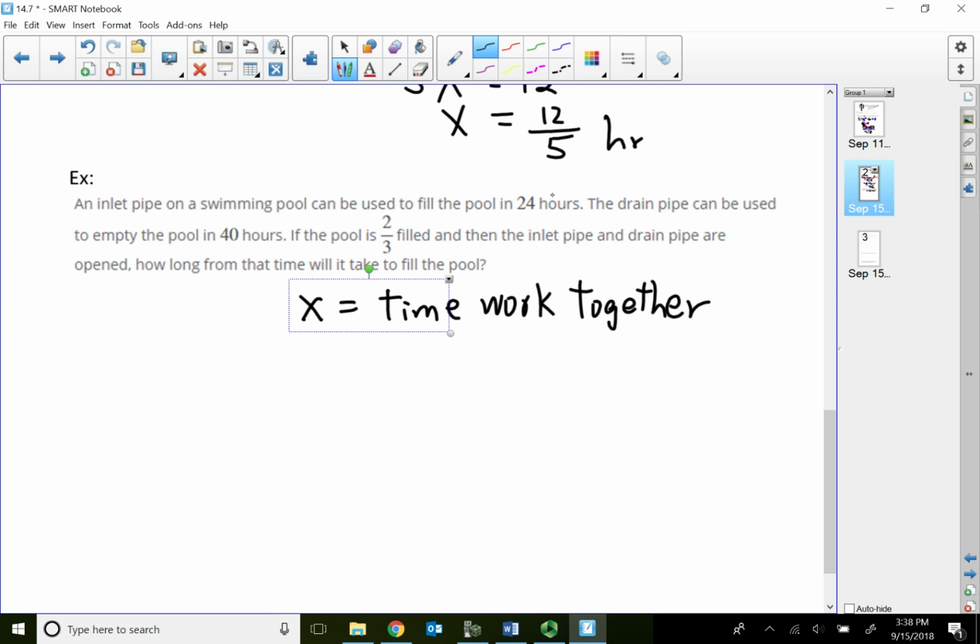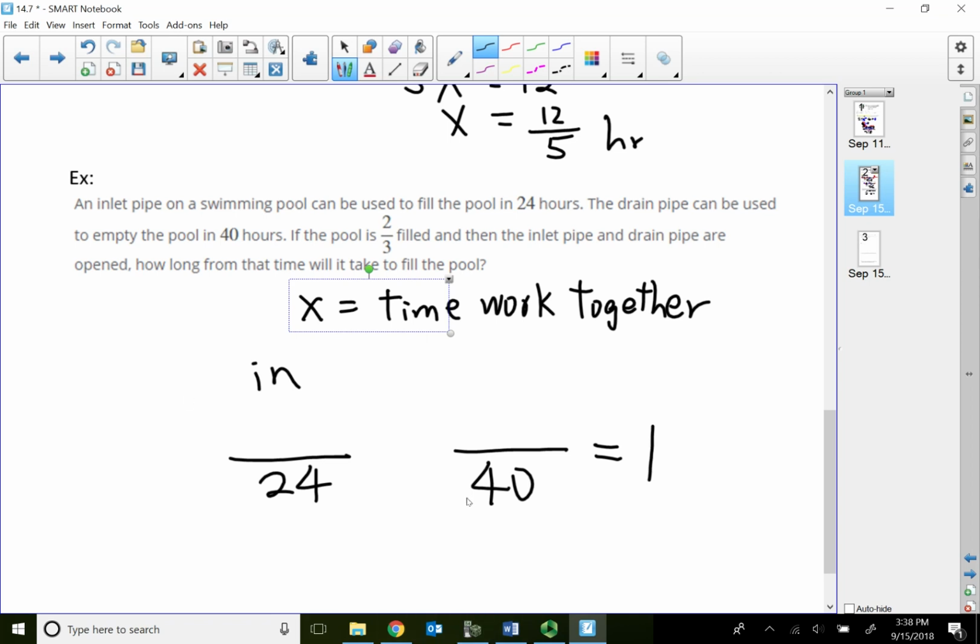Now, because we can fill the pool faster, the water coming in goes first, because we're coming in faster than we're going out. So let's put draining here. Time working alone goes in the bottom, together equal to 1 job.